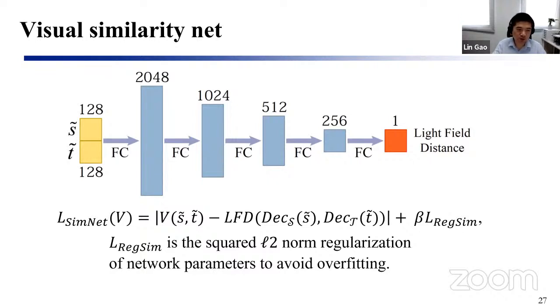Given the two input latent codes, we could regress the difference between the latent codes to the LFD difference. And this network will be used to measure the difference between the decoded shapes. This is quite helpful for unsupervised learning, because we use a network to learn the LFD similarity.